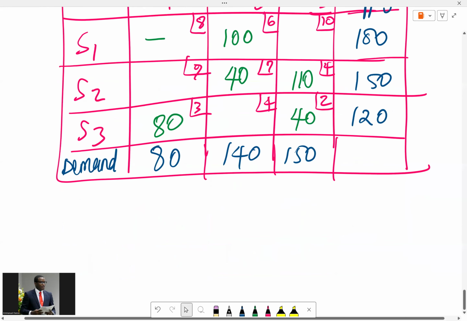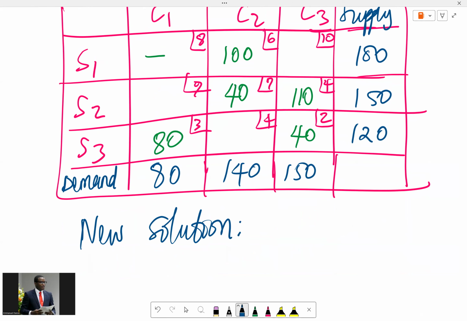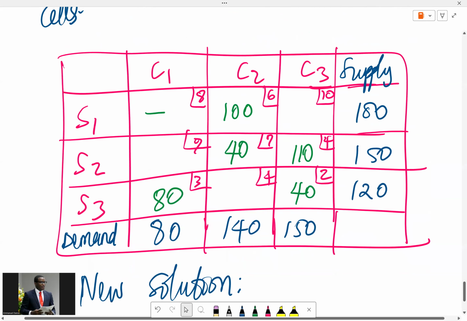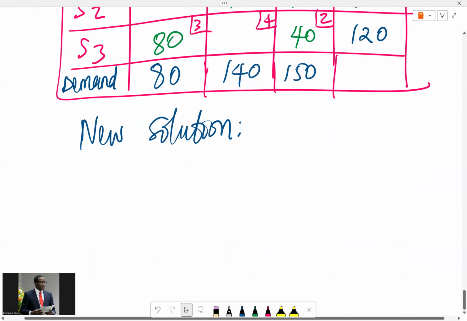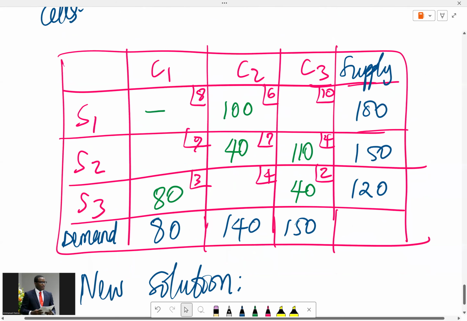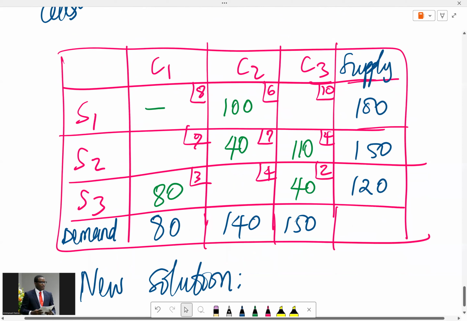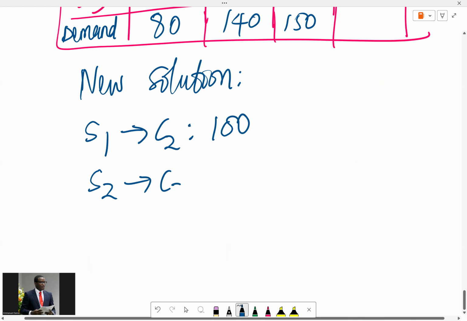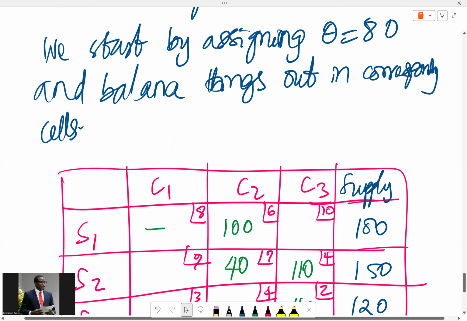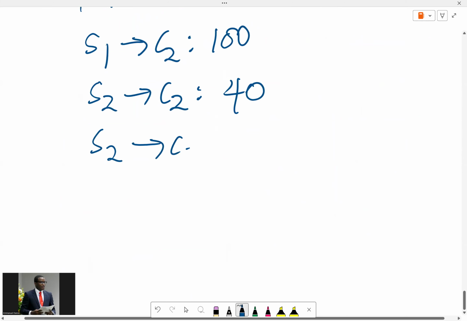So how do you know if this actually improves your results? In this case we now have a new solution. S1 to C2 is 100. S2 to C2 is 40. Then S2 to C3 is 110.